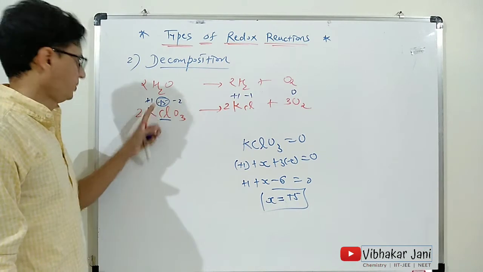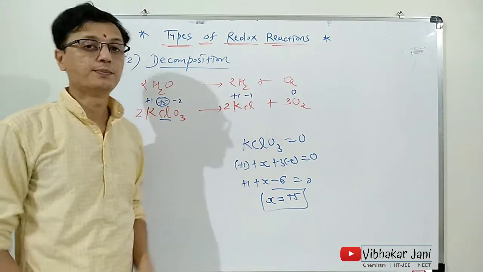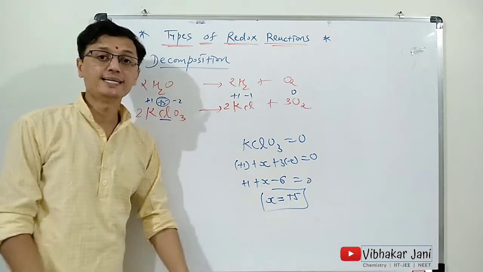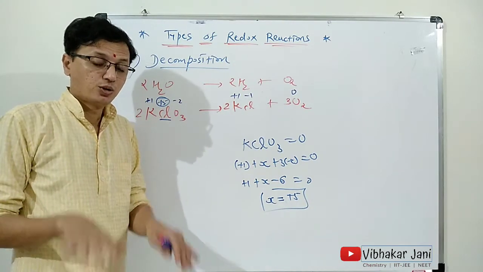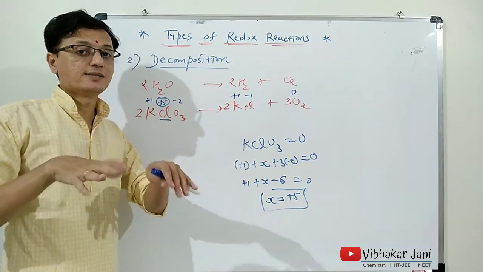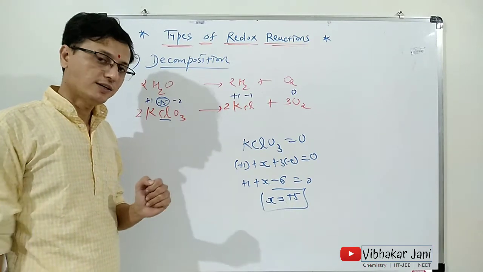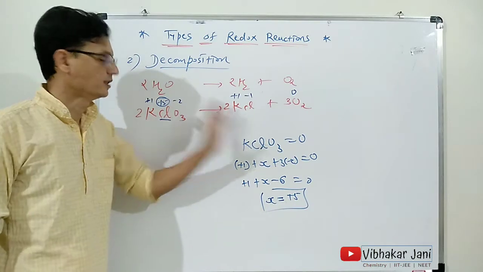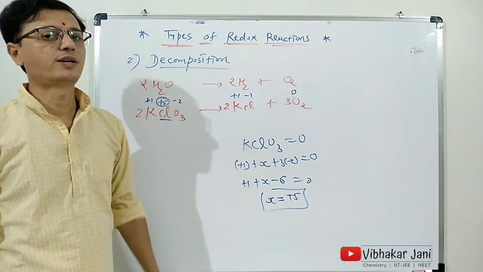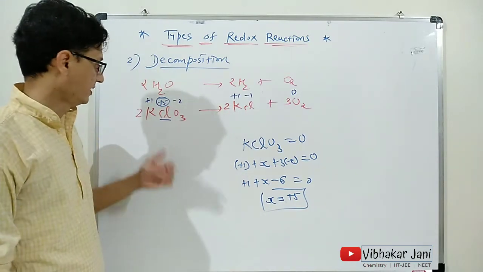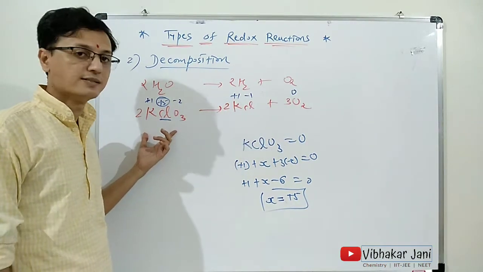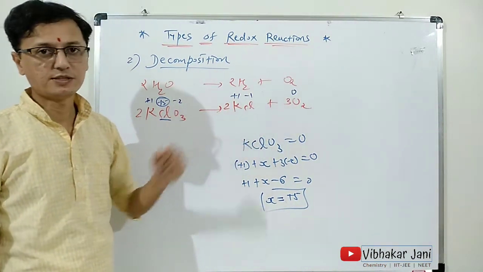In the reactant it is +5, while in the product it becomes -1. So +5 to -1 means decreased by 6. As the oxidation state decreases, it is called reduction. So here oxygen is oxidized and chlorine is reduced. So this is also a kind of redox reaction, and it is a decomposition reaction because one substance is decomposed into two different substances.